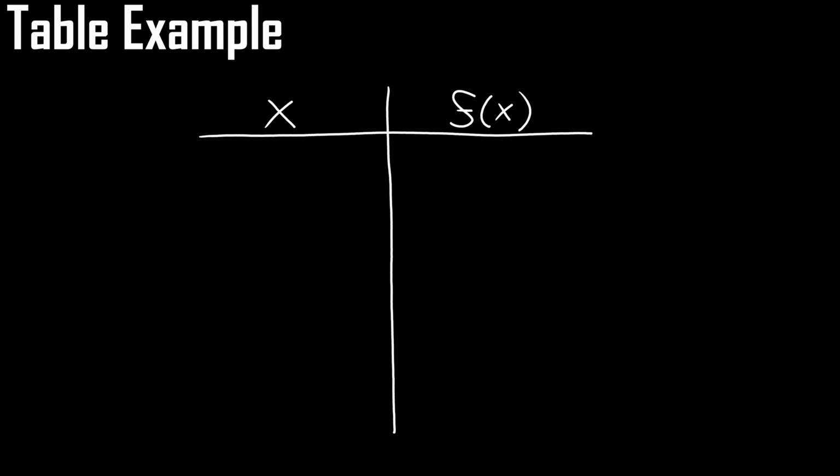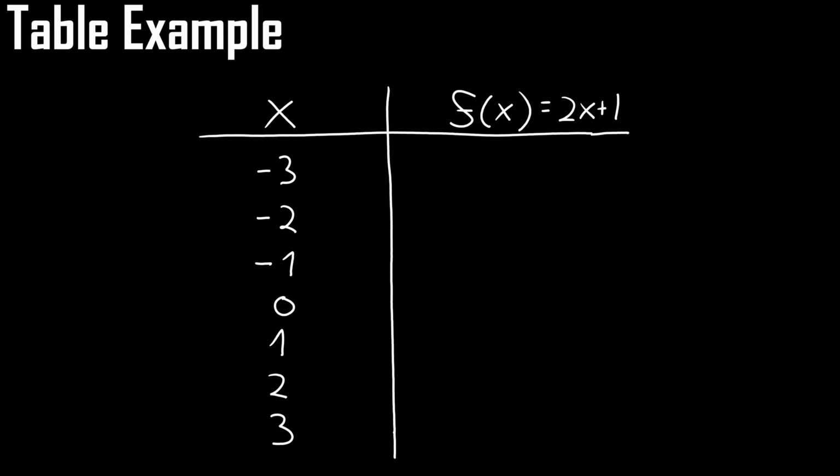So let's say we plug in the values -3, -2, -1, 0, 1, 2, and 3. Now if you remember, our function is 2x plus 1. So let's begin plugging in.